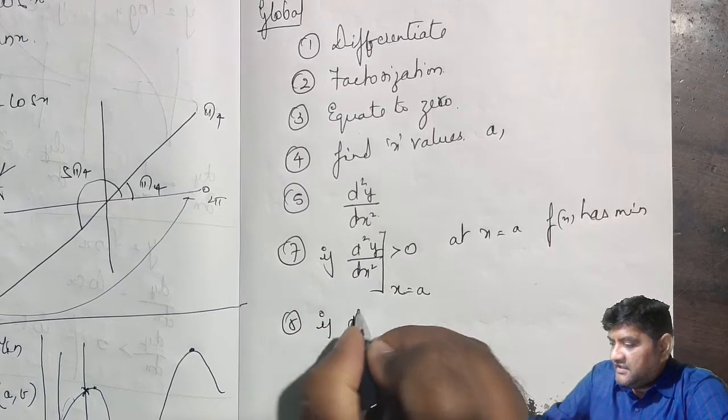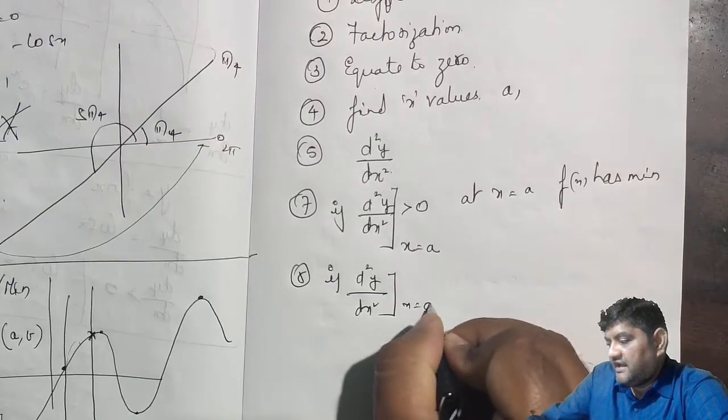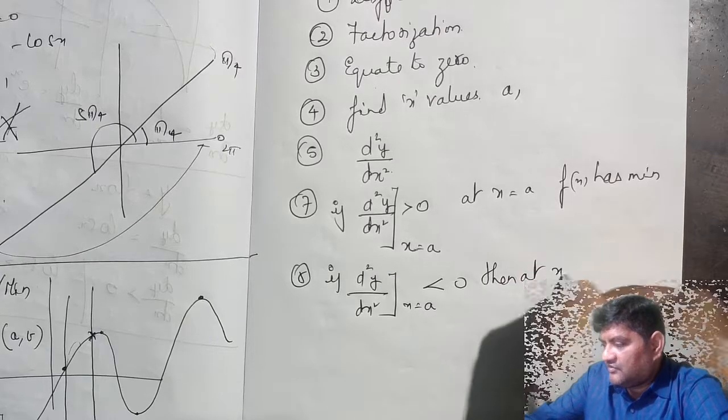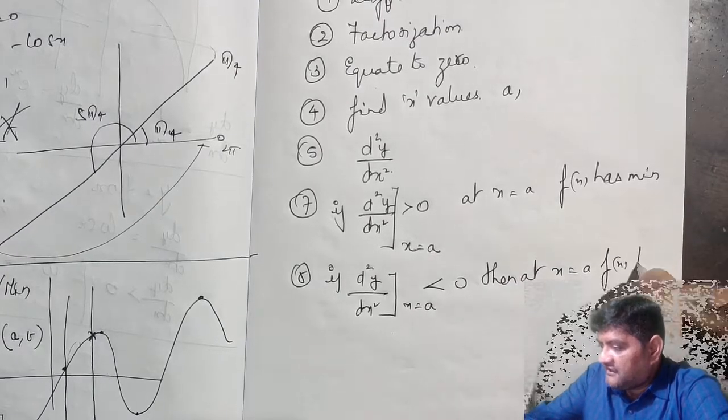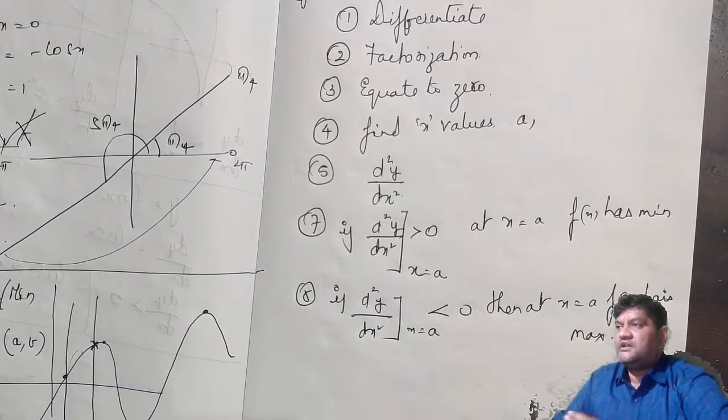If d square y by dx square at the particular point x equal to a is less than 0, then at x equal to a, f of x has maximum. Remember this working rule. That's all, pretty simple.